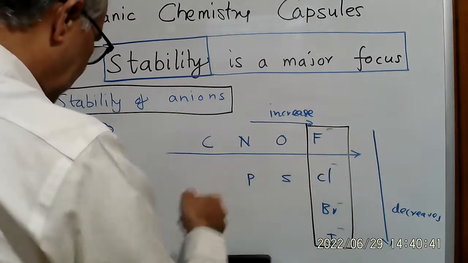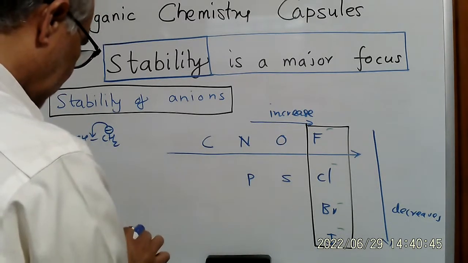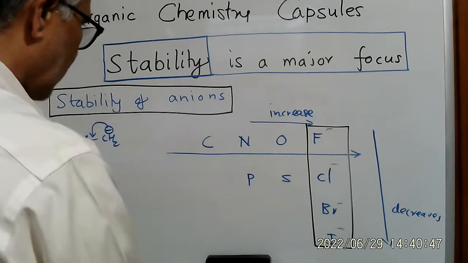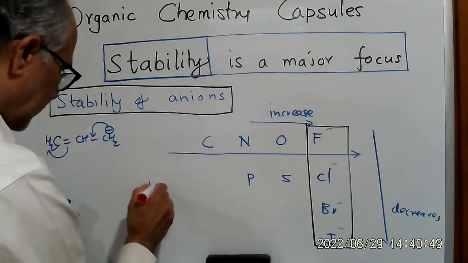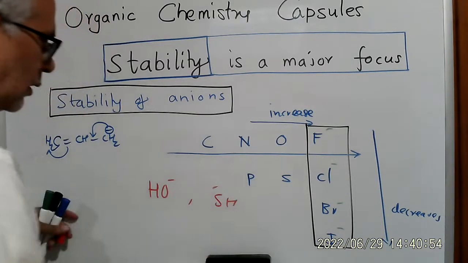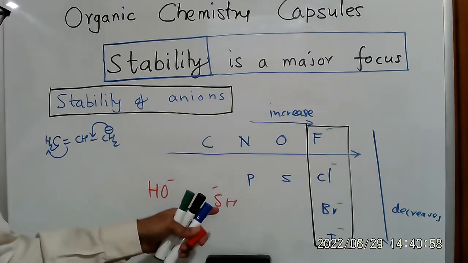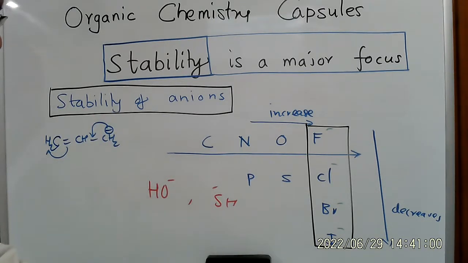another column here. Let's take a look at the elements in this column. We're looking at oxygen and sulfur. Let's consider those ions, hydroxide and this one. Between these two, which one is more stable?